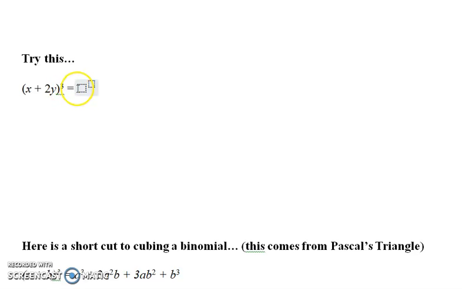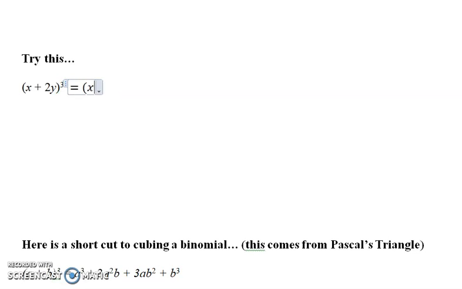Again, you're not responsible for this, but it's cool to see. So that means we'd have x plus 2y multiplied by x plus 2y multiplied by x plus 2y. And then you would multiply it out. You multiply these two first.